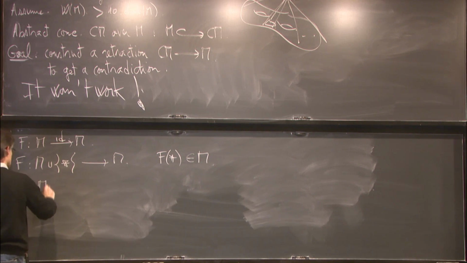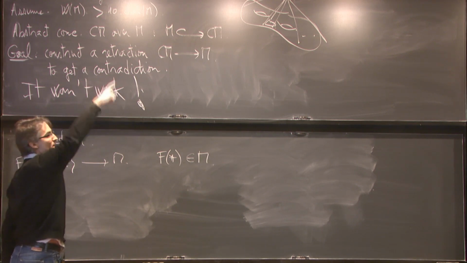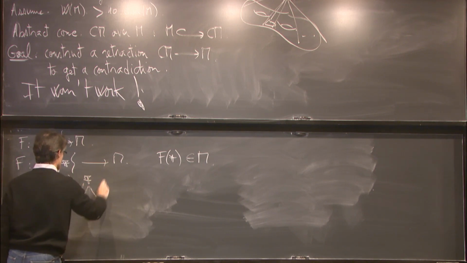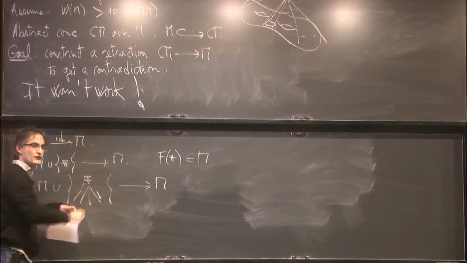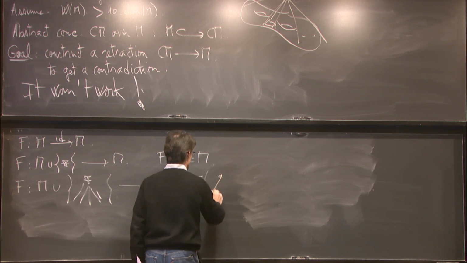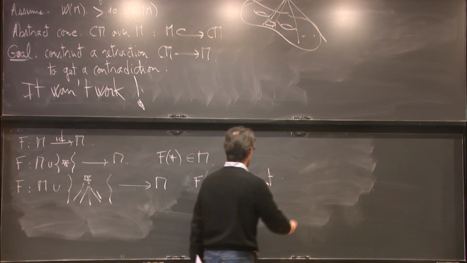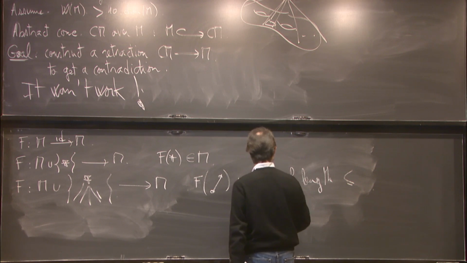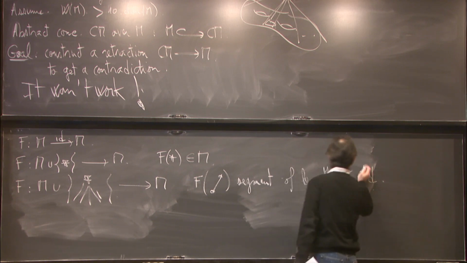Now you look at the edges from this vertex. You know the image of the endpoints, and then you just join them with a segment. This segment is of length at most two times the diameter.